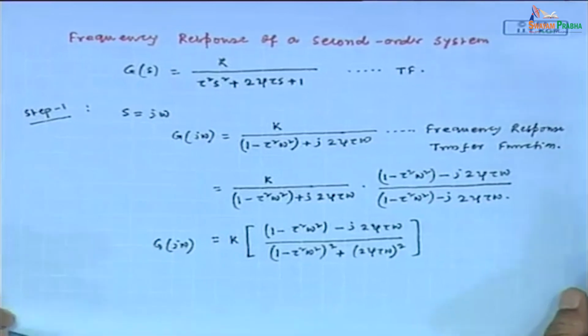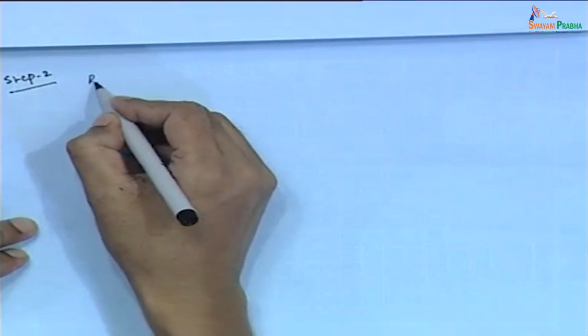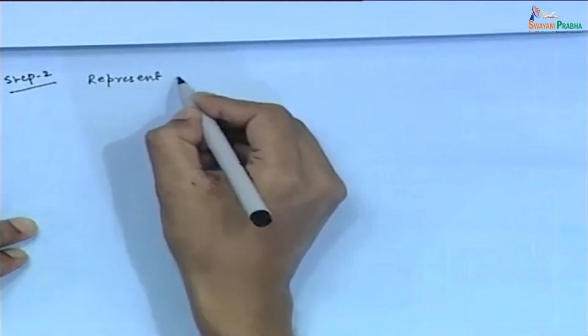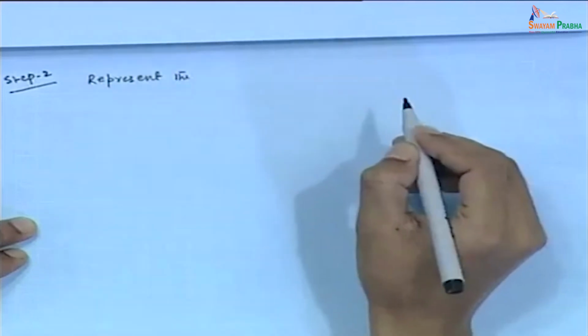In the second step, we need to represent this frequency response transfer function in Cartesian form.